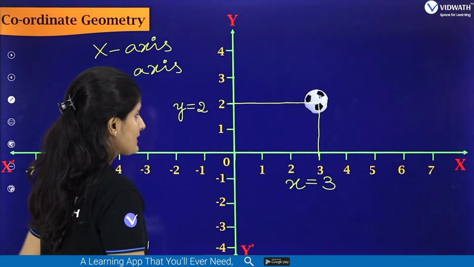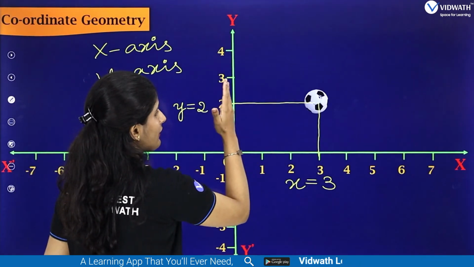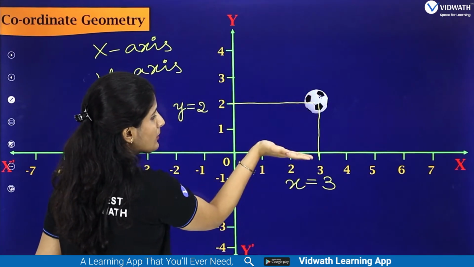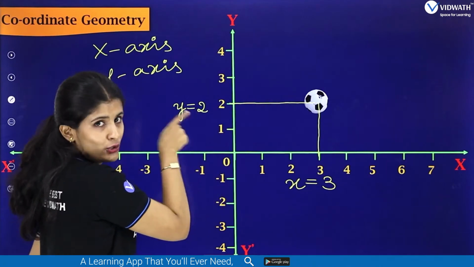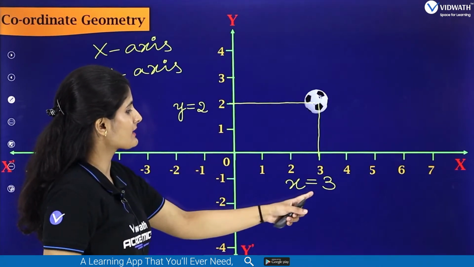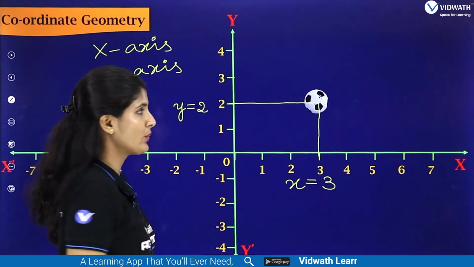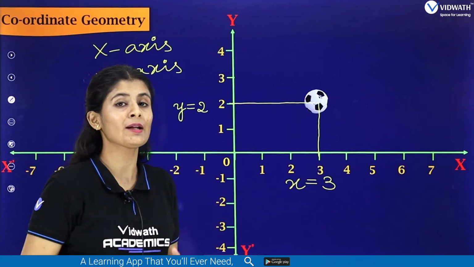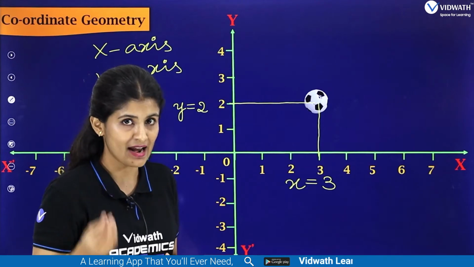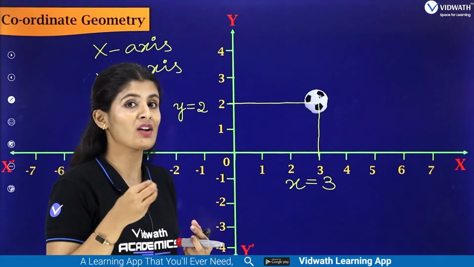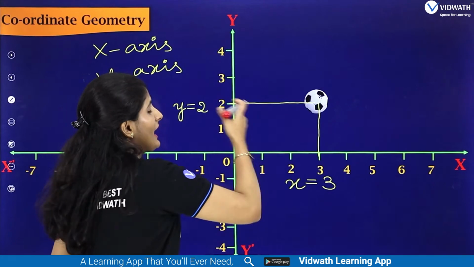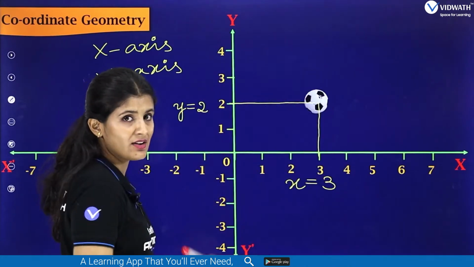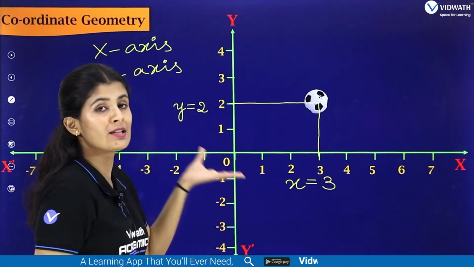This also means the distance of the ball from the y-axis is 3 units and the distance of the ball from the x-axis is 2 units. Here you see x is equal to 3 and y is equal to 2. These are nothing but the address of the ball. Just like your house has an address for us to locate your house easily, any point on a plane also has an address given by these points.